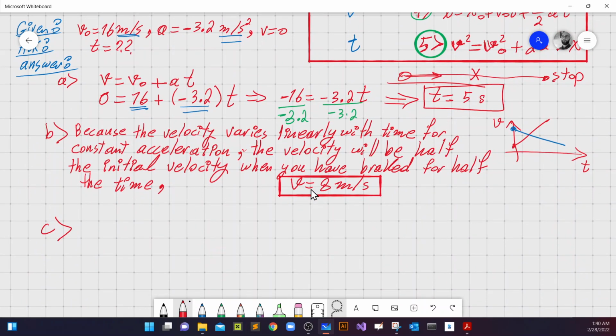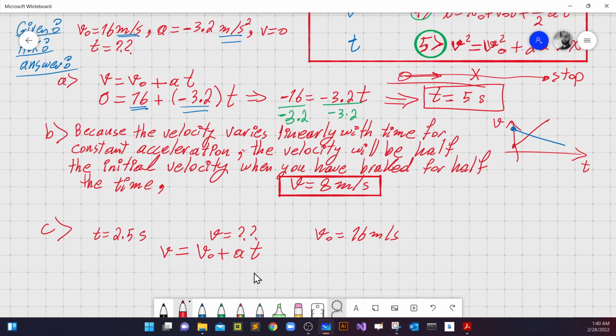We need to calculate the final velocity after half of the time. We know that the time t is equal to 5 seconds, so half of it is 2.5 seconds, and we need to find v after 2.5 seconds, knowing that the initial velocity is 16 meters per second. V is unknown, v0 is 16, but let's first write the equation that we will use: v equals v0 plus at.